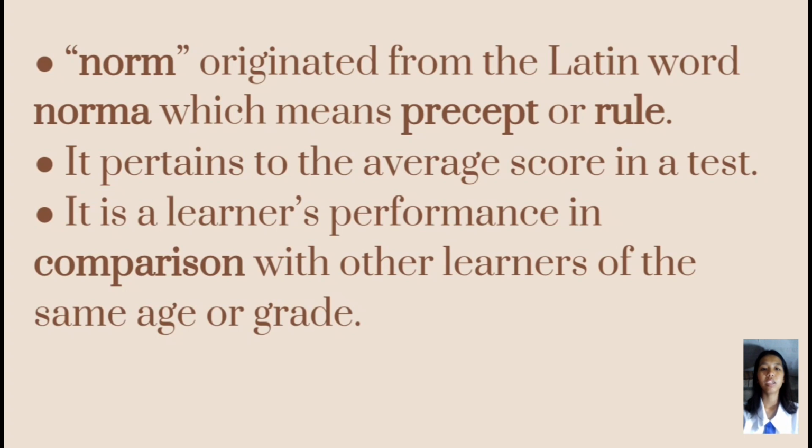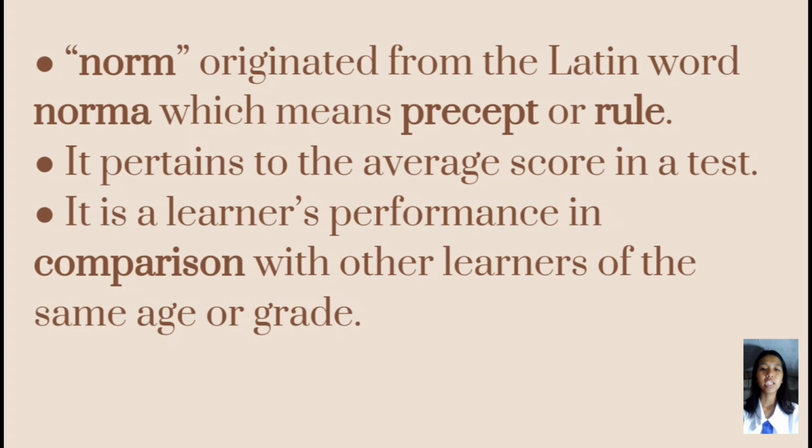A learner's knowledge is gauged in terms of his or her position in the norm group. The use of standard scores and percentile rank are common in norm reference interpretations. To say that the child placed 8th in a reading class is a norm reference description. A child's score in a reading assessment at the 85th percentile is another example. This means the child scored better than 85% of the students in the group.